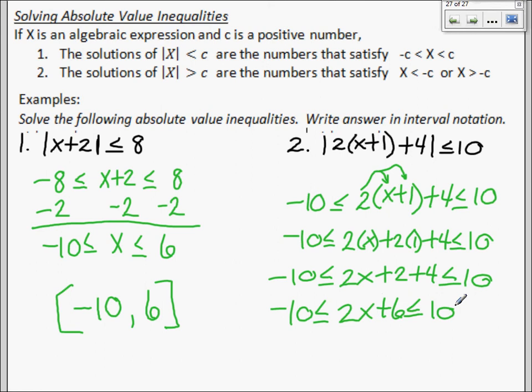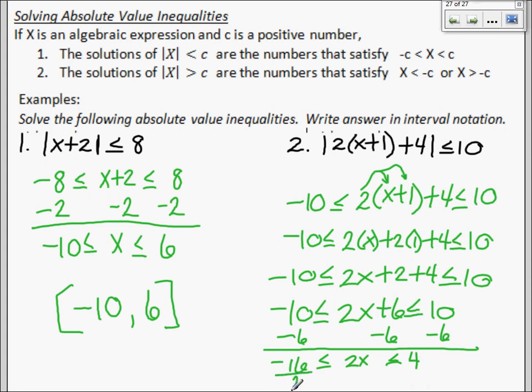Let's solve for that variable by working with stuff that's furthest away from the variable. So we're going to subtract 6 on all sides of the inequalities, leaving you with negative 10 minus 6, which is negative 16, less than or equal to 2x, because the plus 6 and the minus 6 cancel each other out, less than or equal to 10 minus 6, which in this case is 4.